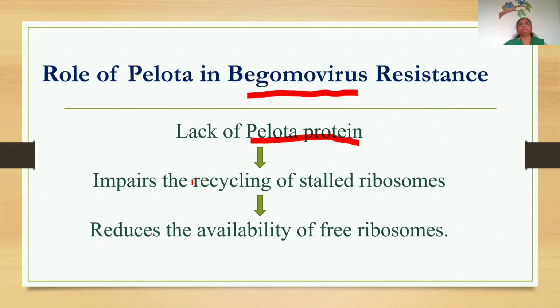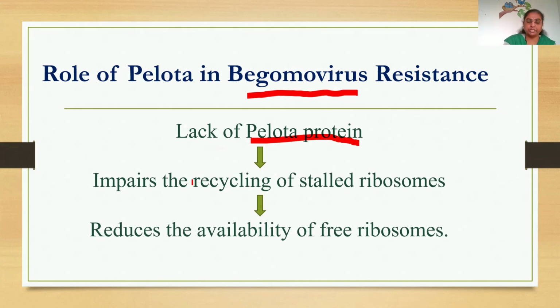So the subunits of the ribosomes are not dissociated. And as there are no free ribosomes, translation is affected. According to the research papers and the hypothesis, as there are no free ribosomes, translation is not going to occur.